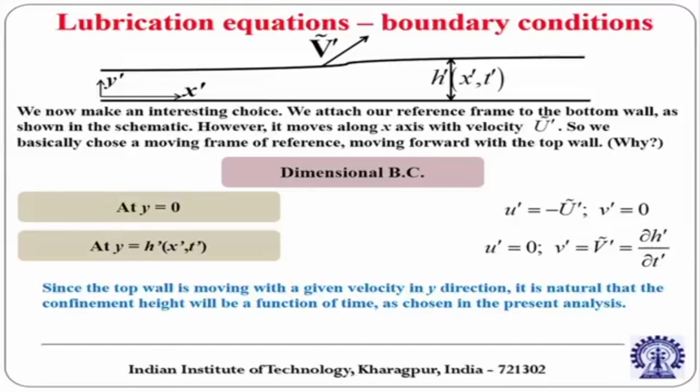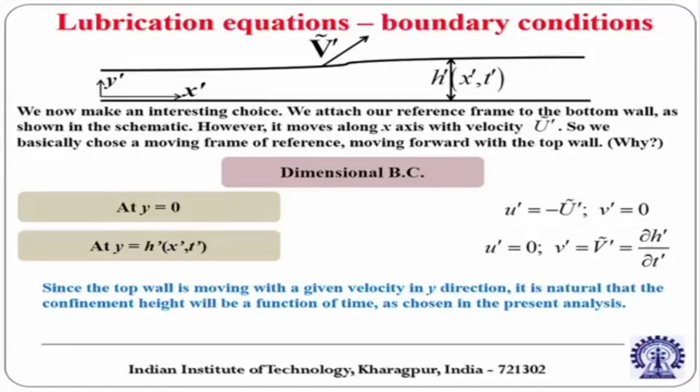So, the dimensional boundary conditions: at y equal to 0, u is equal to minus u star. The boundary condition at y equal to h, again u equal to 0.